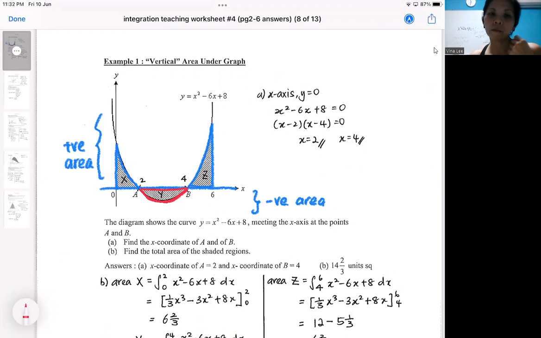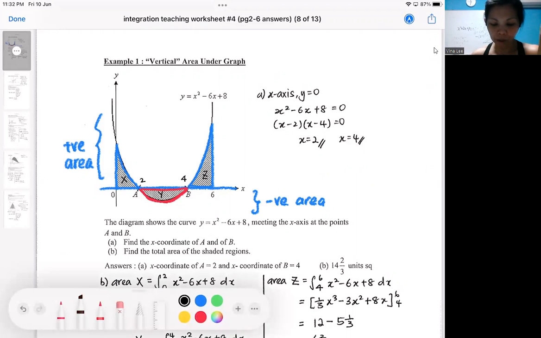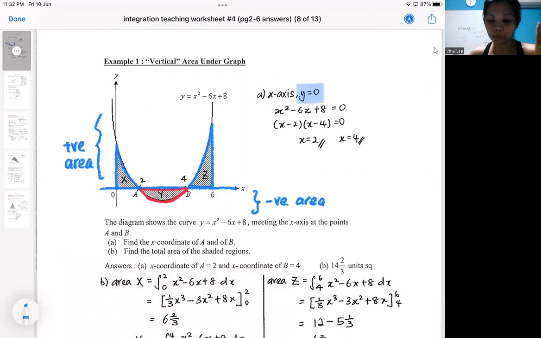For part X, finding the x coordinate will be very easy. The x coordinate is just the x-intercept, so you simply apply your concept of y equal to 0, and you should be able to get the subsequent x coordinate. Remember, the x coordinate forms a vertical wall.